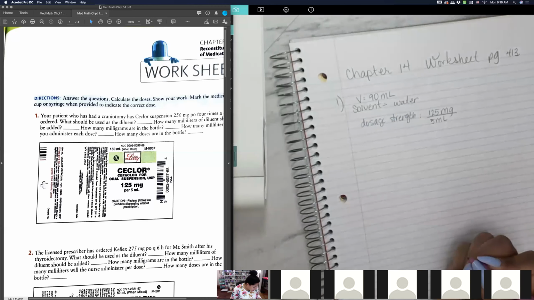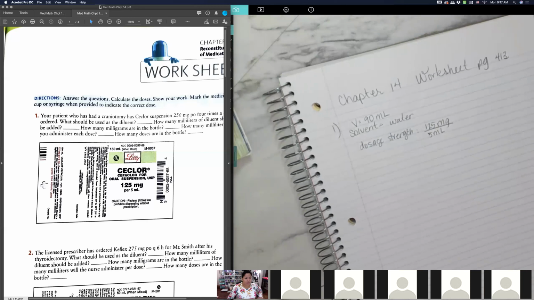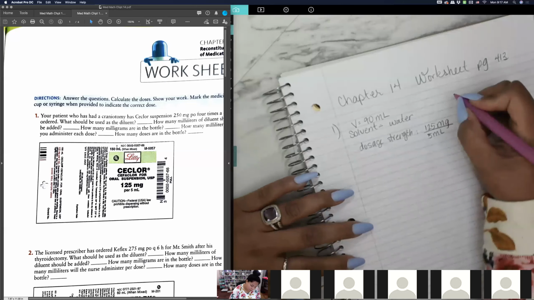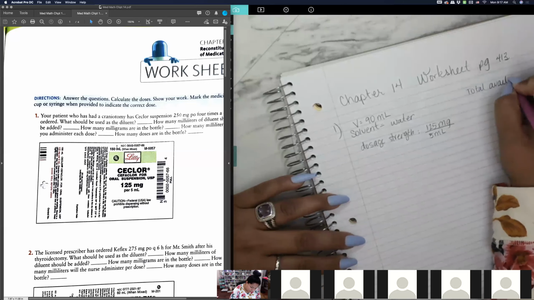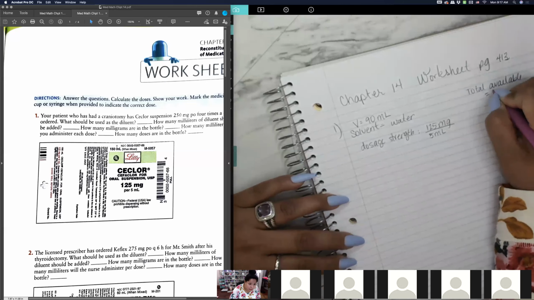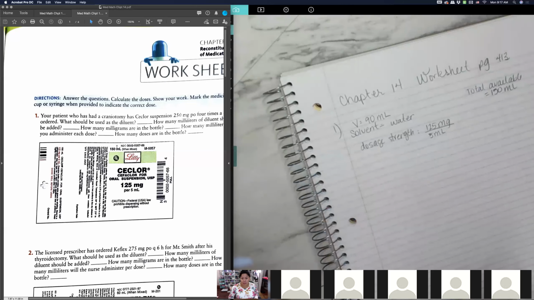And at the top of the label on the bottle, we can see the total volume that's available. So total available is 150 milliliters of medication once the vial has been reconstituted.